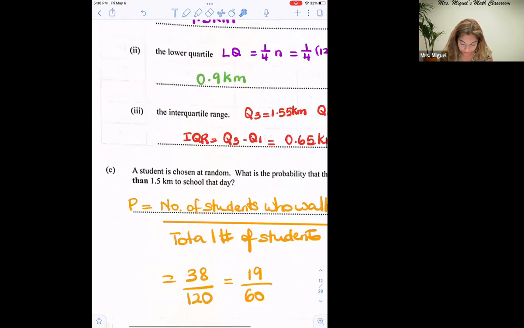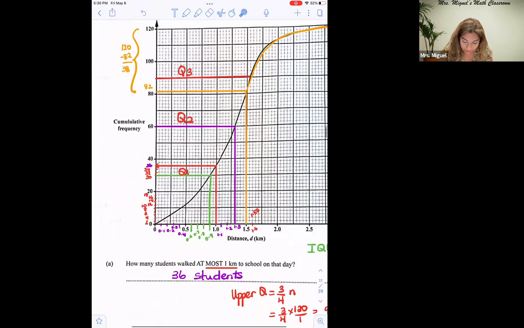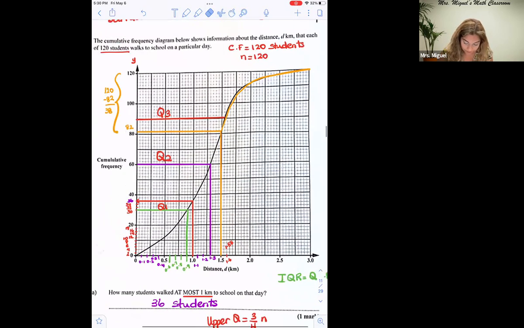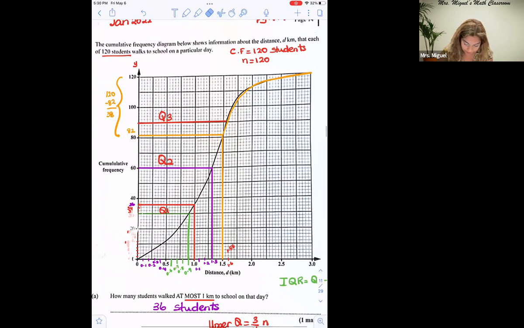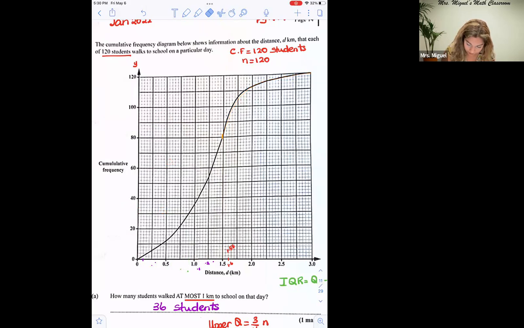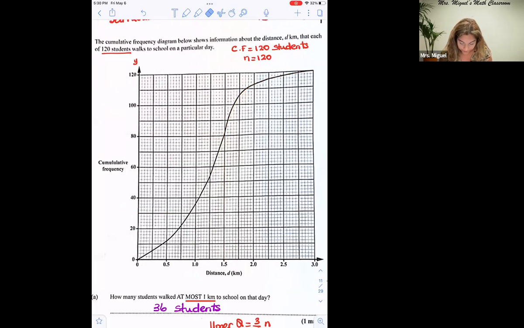So let's go. Let me just clear some space here. We're looking at 0.5. We want to know how they got that value.